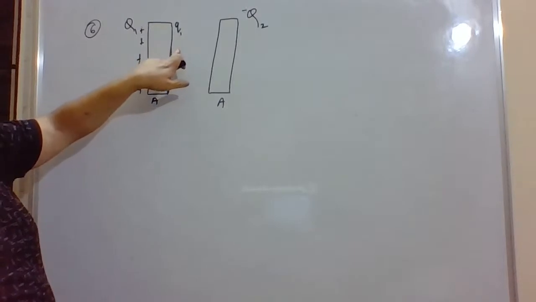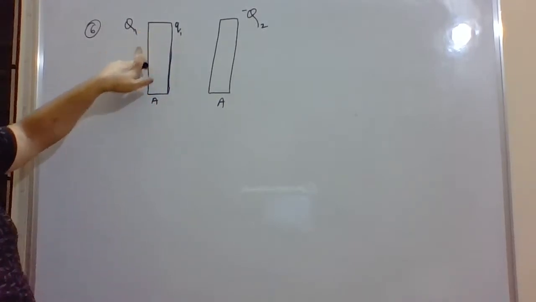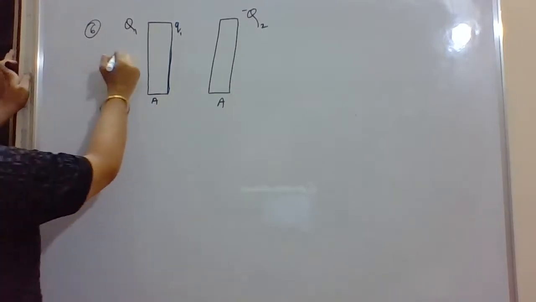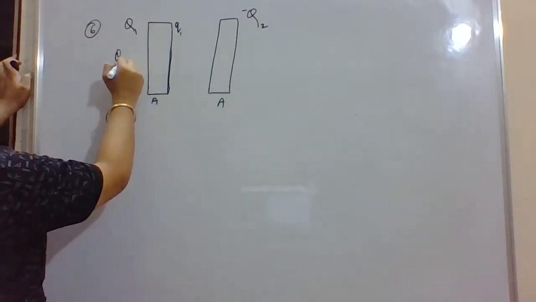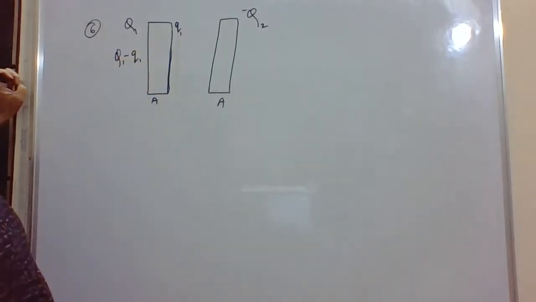So on this side, if the charge is q1, what will be the charge on this side? This will obviously be larger Q1 minus small q1.